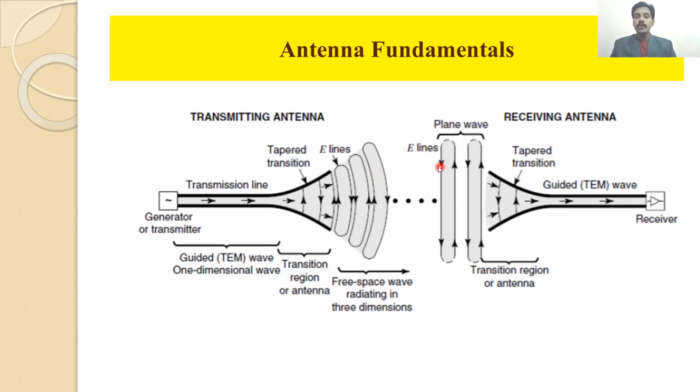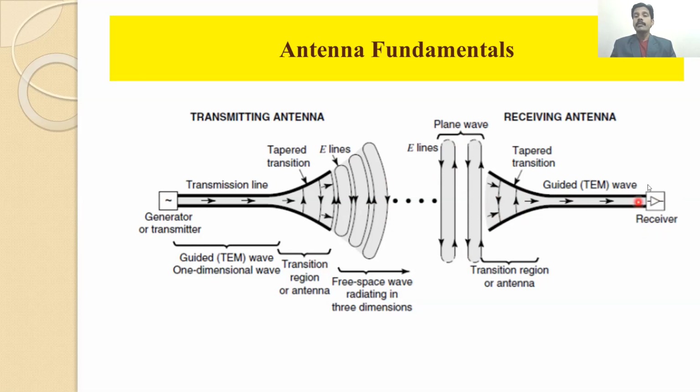You have to tune a better receiving antenna to capture all these transmitted signals in proper mode. That is why planar signals are received by your antenna in proper mode. This plane wavefront is recollected by your receiving antenna at the end of the receiver.